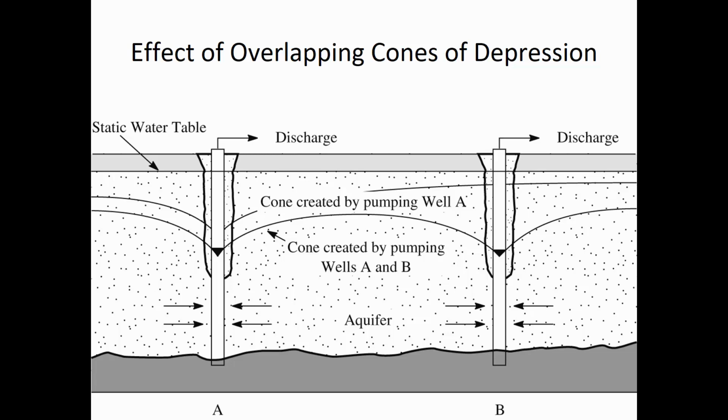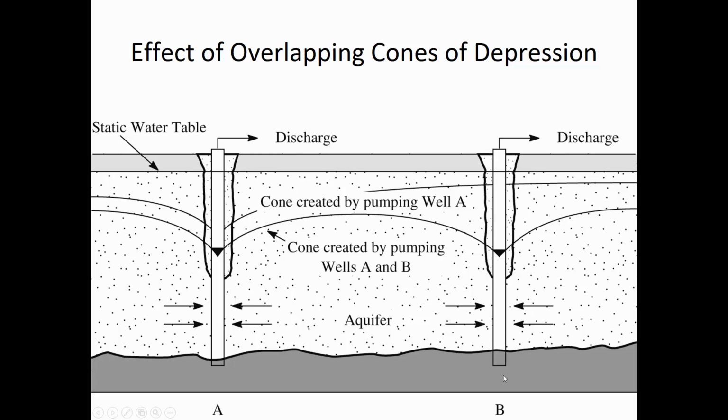If you overlap two wells together, both of which are discharging, then the cone of depression for both of them ends up being lower than it would be if only one of them was pumping. So this is showing on the left what the cone of depression would be if only well A was producing, then this would be the cone of depression.